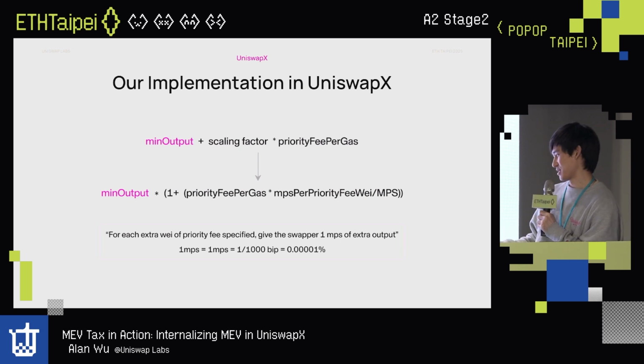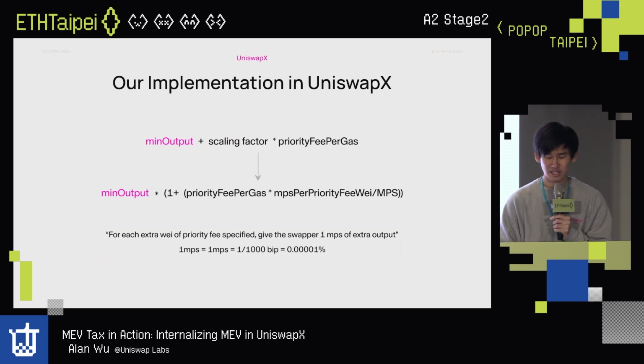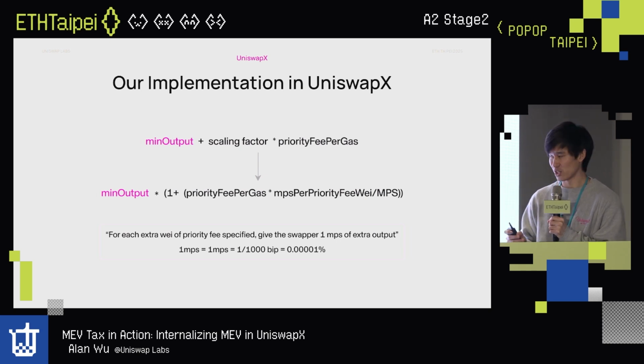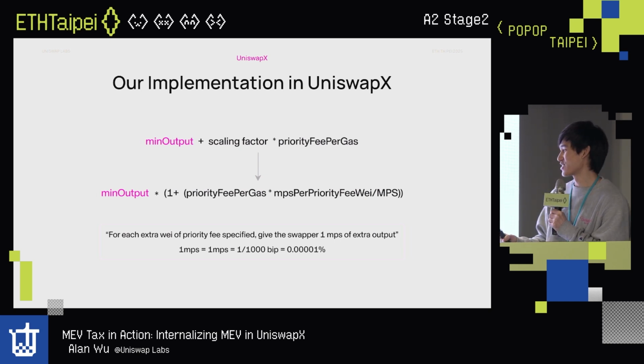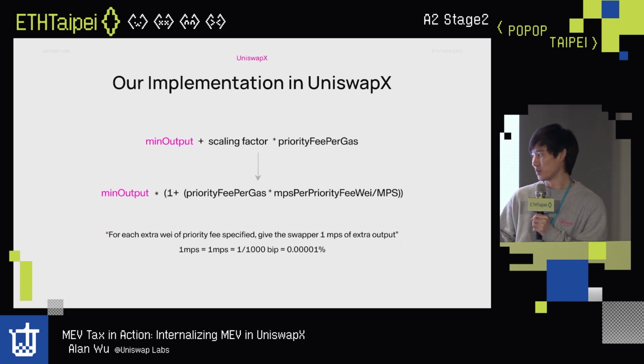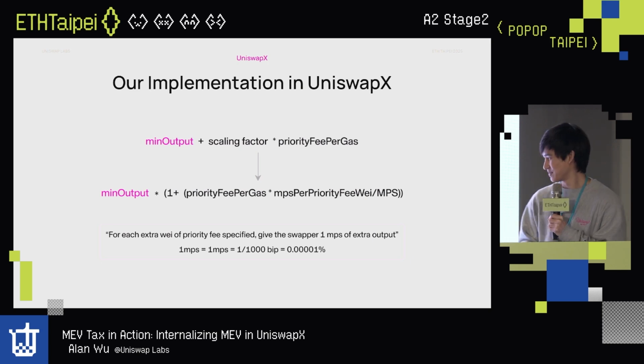So we had to come up with a term for this called MPS, which we call MIPS, and all it means is 1/1000th of a basis point. What this allows for is it lets the fillers compete on transactions down to 1/1000th of a basis point. So we're really getting them to fight down to the bone to fill these transactions, just to give you the best price.